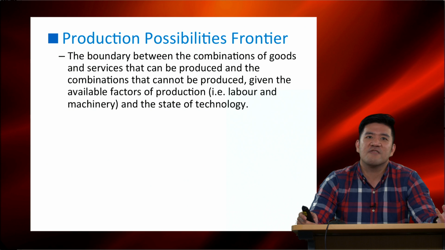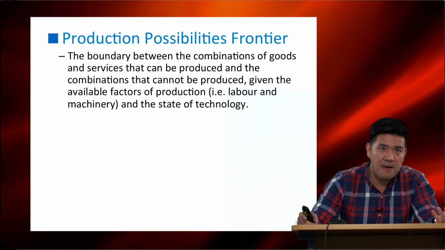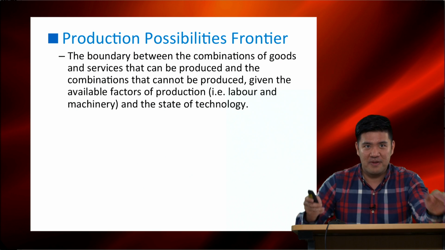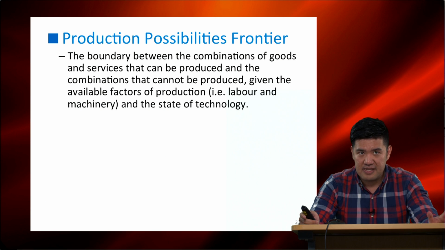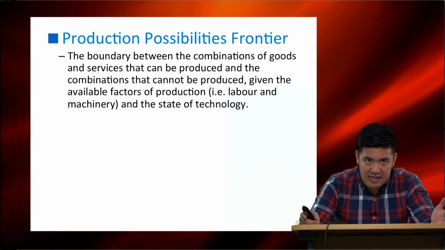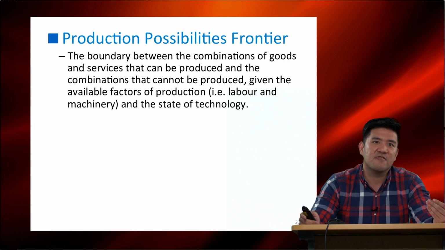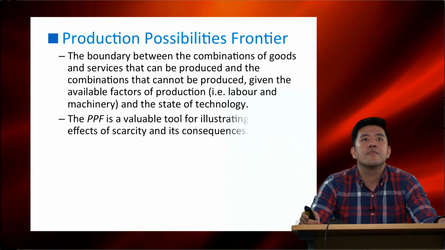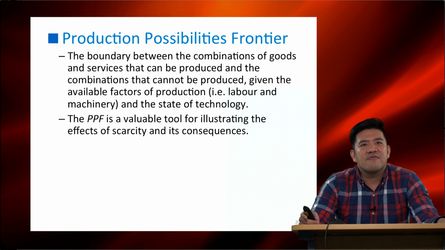Say our factors of production or resources are labor and machinery, and the state of technology that we are at the moment. So again, it's the boundary between combinations of goods and services that can and cannot be produced given the available factors of production and our current state of technology. PPF is a useful graphical tool to illustrate the impacts of scarcity and its consequences.